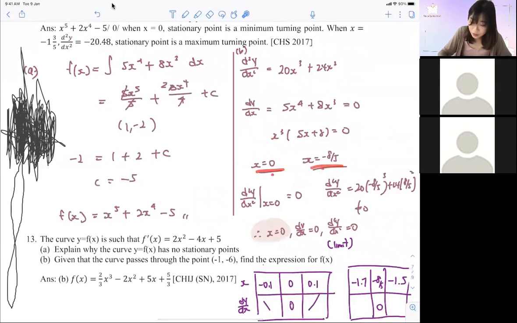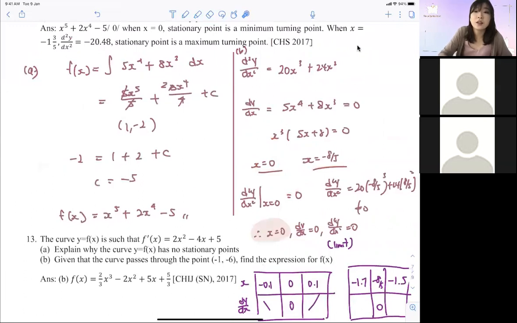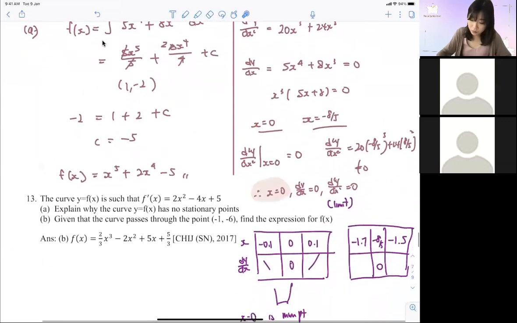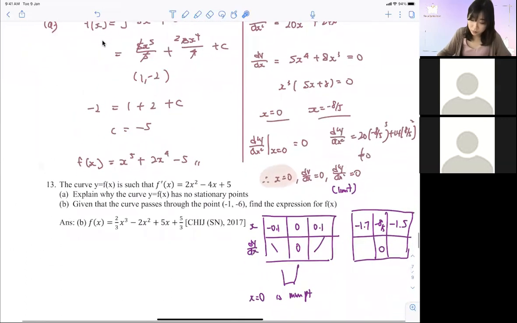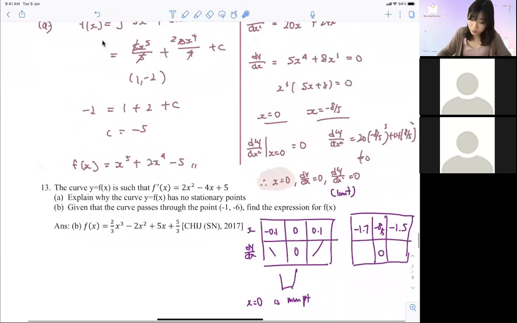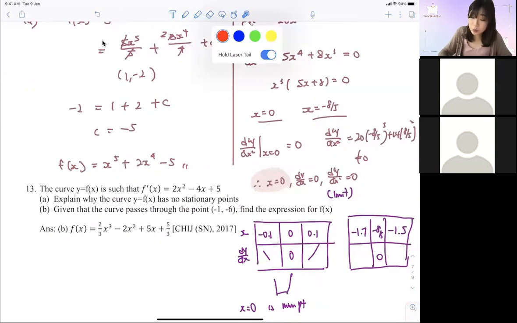Find the stationary point, then you substitute into d²y/dx² to see which one gives you 0. Dylan, why are you drawing? Okay, have you done copying or not, Dylan? I'm at the box thing. Okay, Joshua, you get what I mean, right?